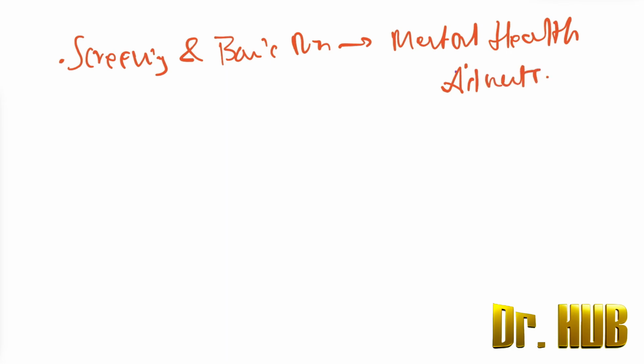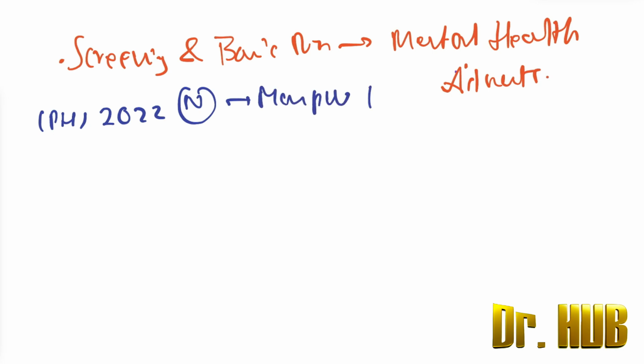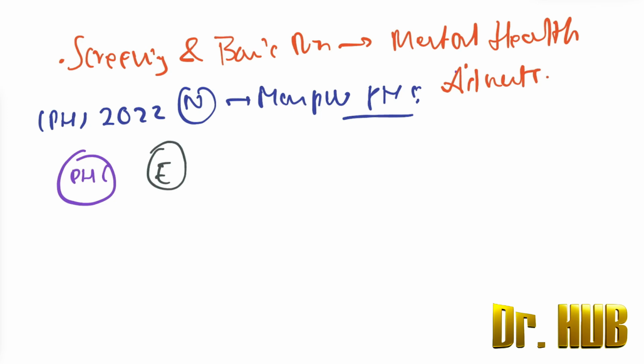Now let's look at the IPHS 2022 normal manpower at the PHCs. So the essential manpower for the PHC we're going to see. First let's look at the PHCs, where E stands for essential and D is for desired.